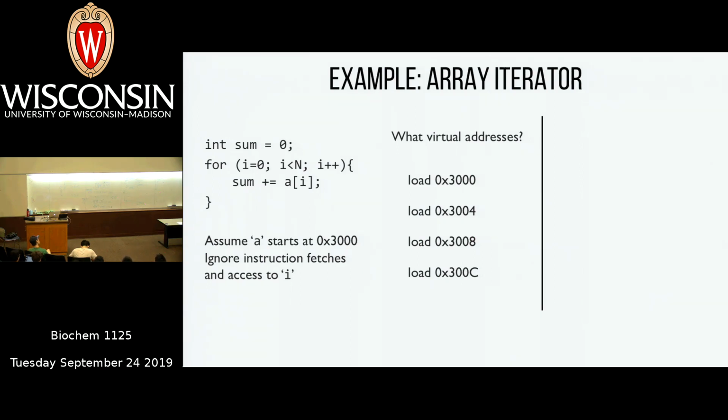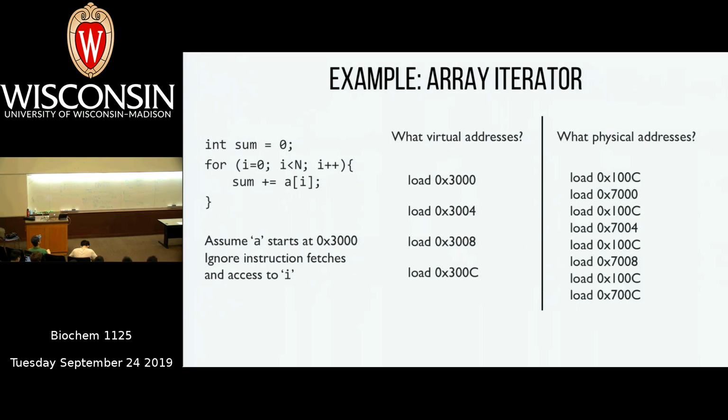Okay, now let us figure out, I think I'm just going to show you the physical addresses that are going to get generated, and we'll see what you can figure out from this. Okay, so we ended up accessing these physical locations. Can you figure out some stuff from this?